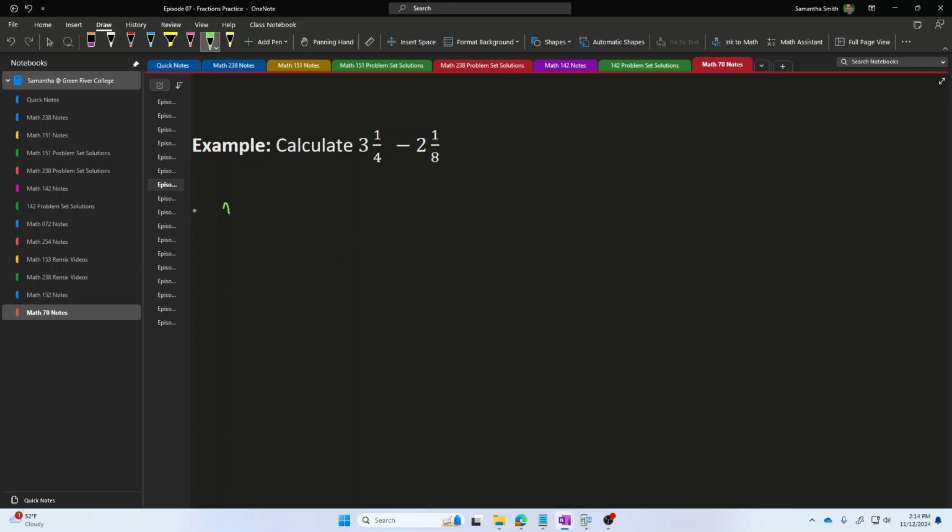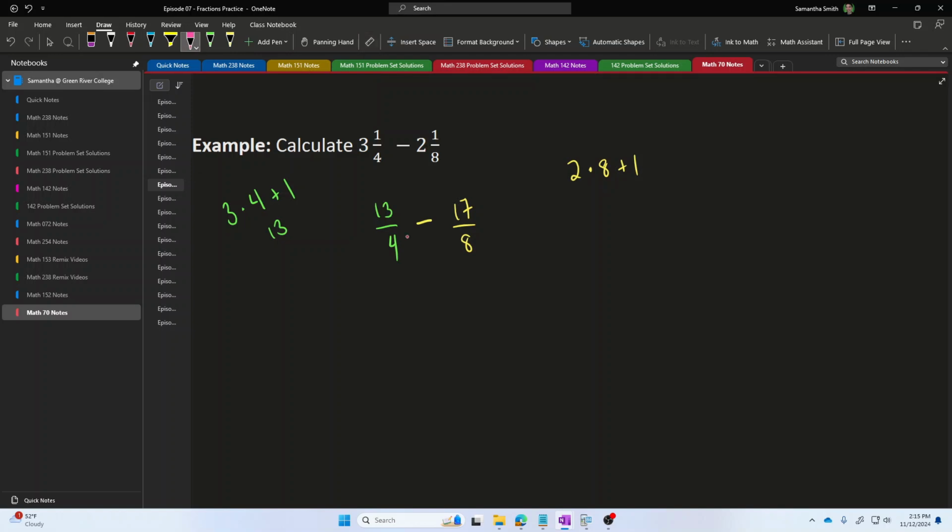So to rewrite 3 1/4, I'll do 3 times 4 plus 1, 13. That's 13/4. And to rewrite 2 1/8, I have in the numerator 2 times 8 plus 1, 17/8. And my goal is to subtract these.